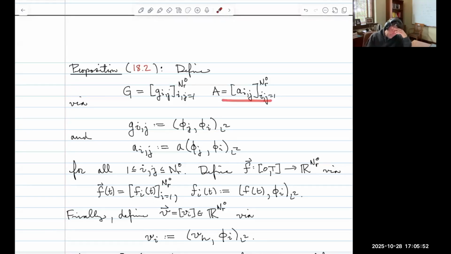This is just the standard good old-fashioned friendly stiffness matrix. Remember, the ij element of the stiffness matrix is just A phi j phi I. What is this other matrix? This matrix is new and it's called the mass matrix. So this guy is called the mass matrix, and this guy is stiffness.